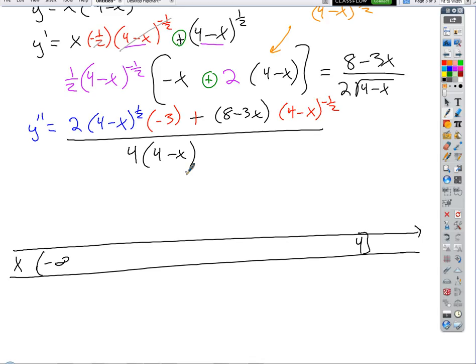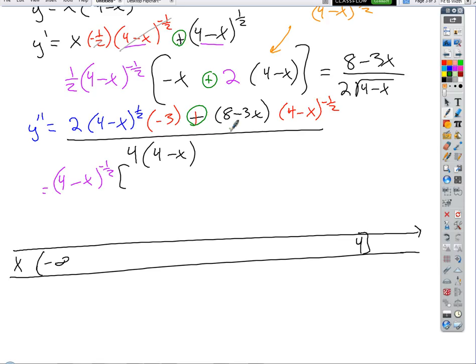So once again, we want to extract as much as we can. So we've got, looks like only one like base on the top, same as before. Right, so we could factor out on the top a 4 minus x to the -1/2 again, times what's going to be left over then?